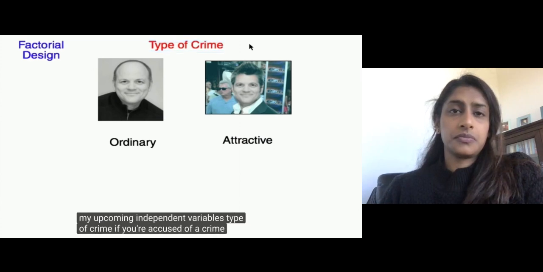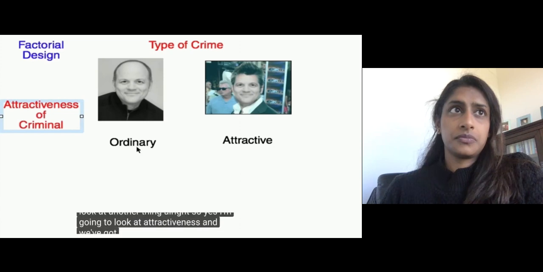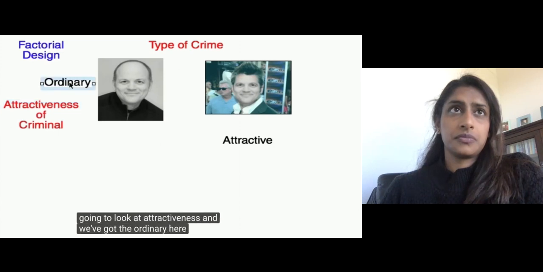If you're accused of a crime, not surprisingly, attractive people tend to get lower sentences. So let's take a look at that. I'm going to move things around a little bit because I'm going to look at another thing. All right, so yes, I'm going to look at attractiveness, and we've got the ordinary guy here.